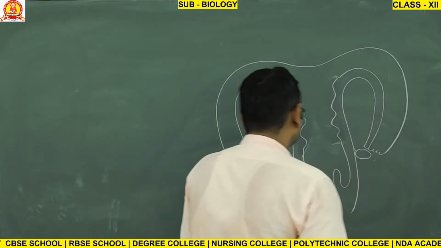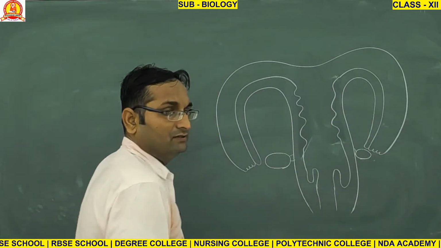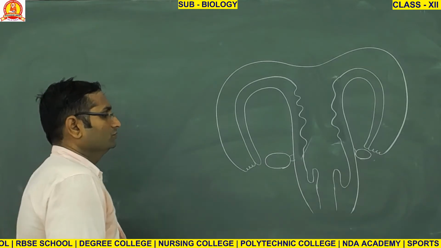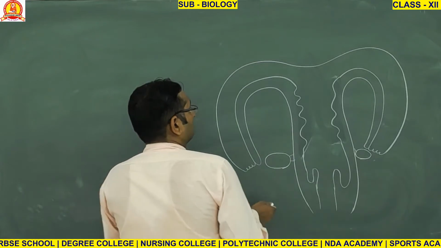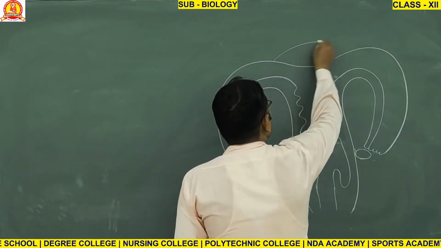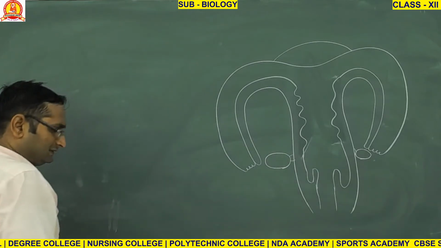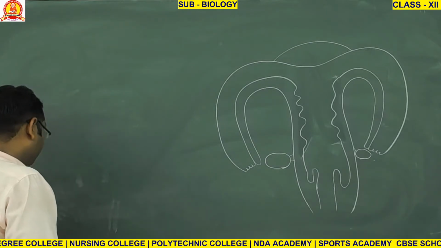Size of ovaries is the same. So these are the different parts of female reproductive system.